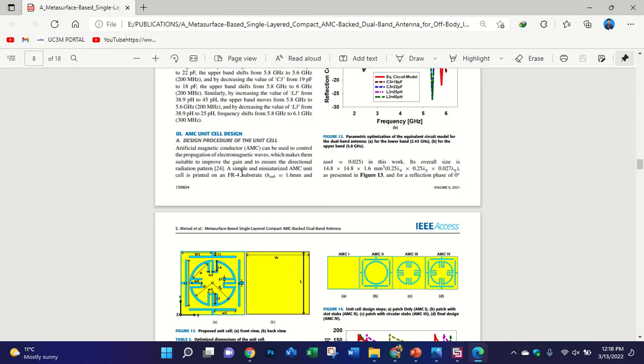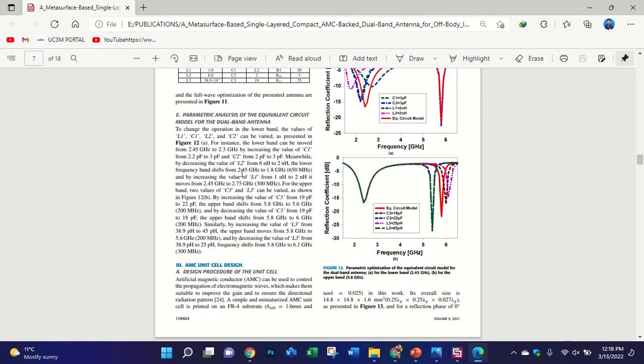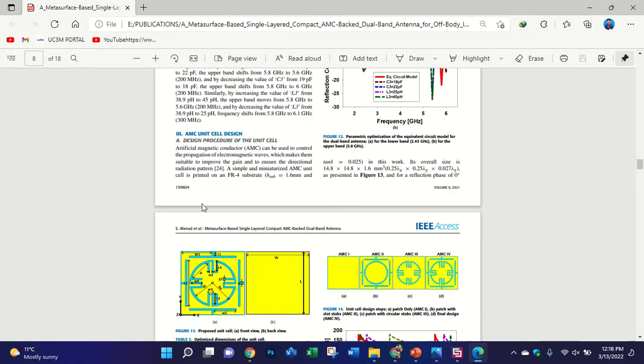You verify from the phase of S11, not from permeability and permittivity. In AMC and MTM, in most of the cases we only check the phase, not the relative permittivity. Sometimes in research they use relative permittivity.